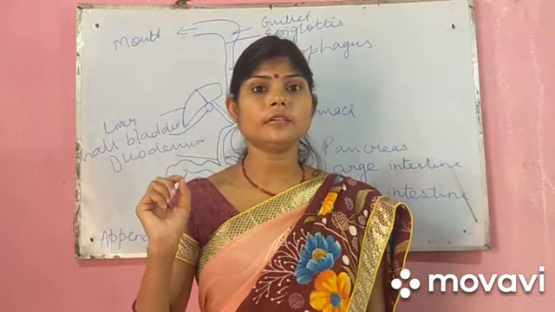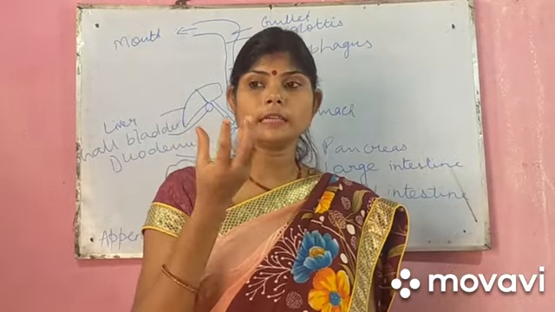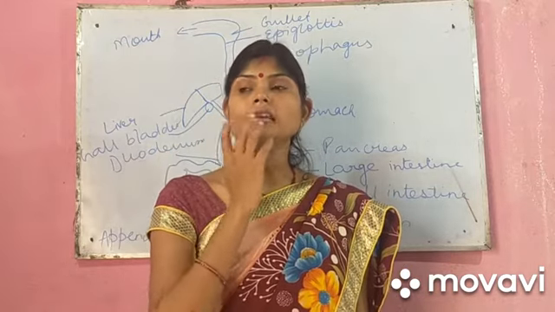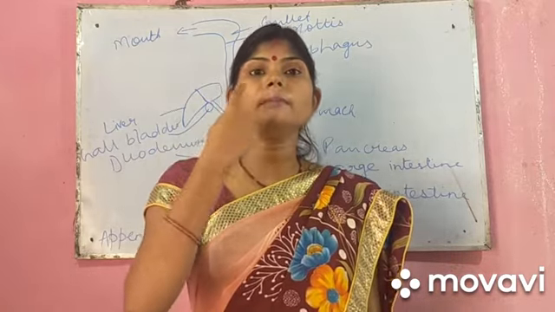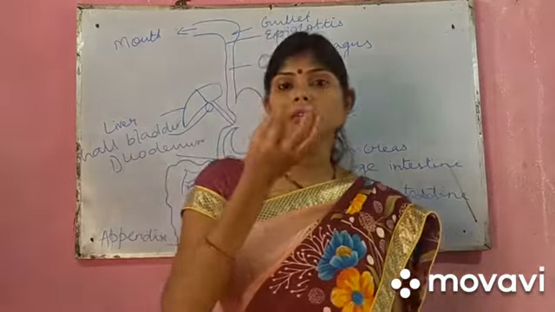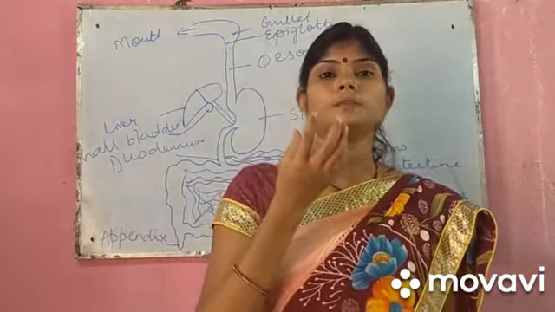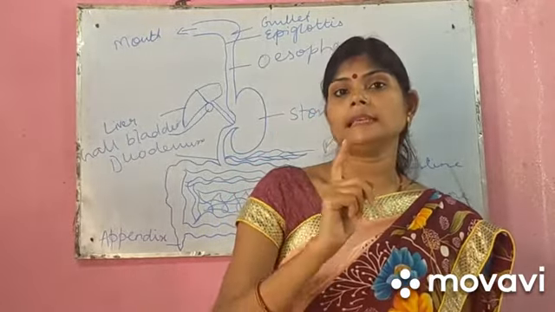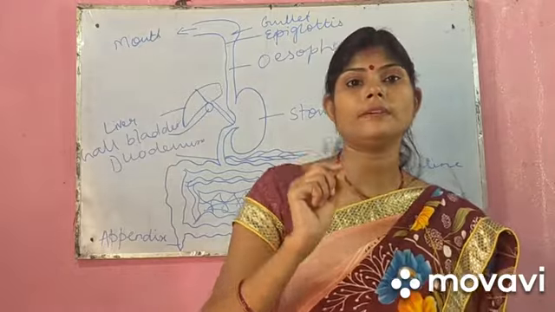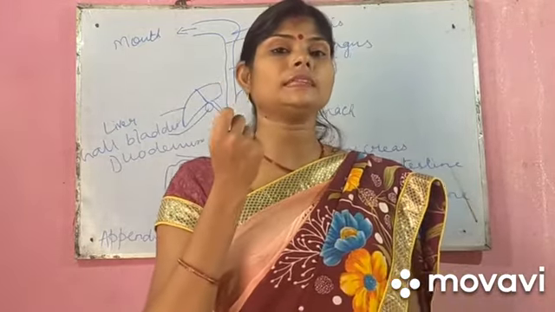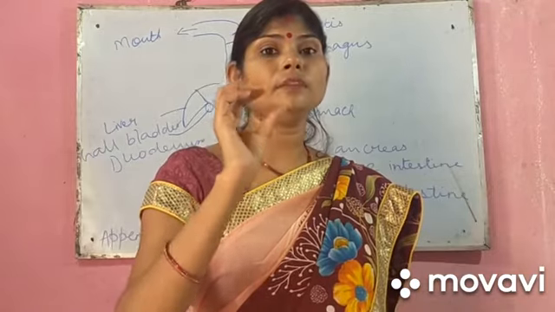When the food is converted into smaller pieces, our tongue helps in mixing saliva with the food particles. Saliva is the watery substance secreted from our salivary gland, which has an enzyme known as salivary amylase. When the food particle mixes with the saliva, it becomes semi-solid.